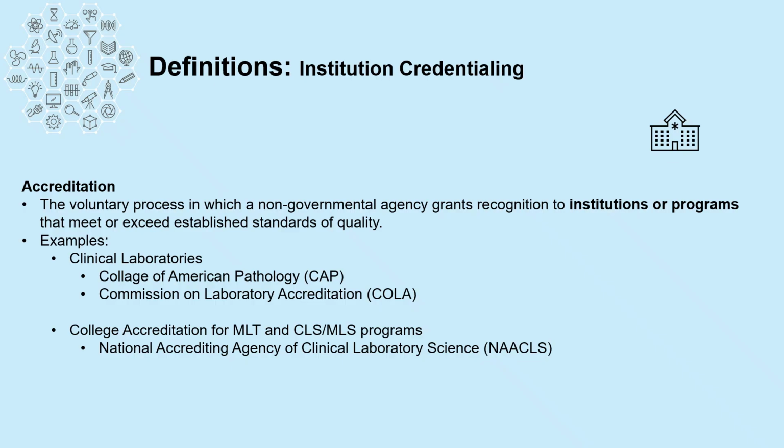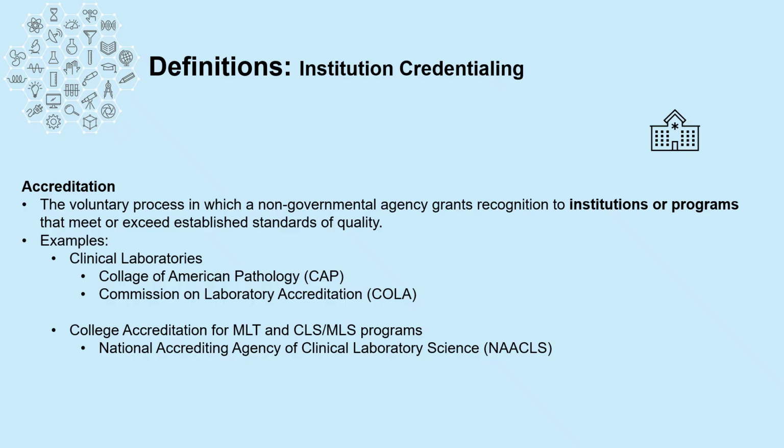So how do we get accreditation for one of these institutions, whether it's a hospital, reference lab, doctor's lab, whatever? That means that they have to go through a voluntary process in which a non-government agency will come in and inspect and recognize that you meet or exceed the standards established by CLIA 88.